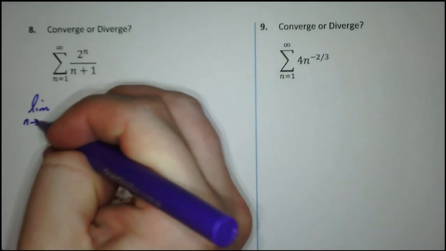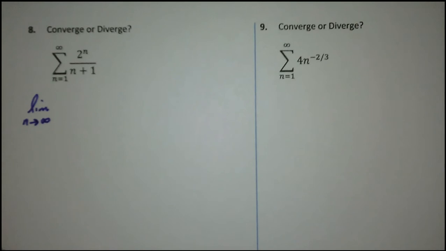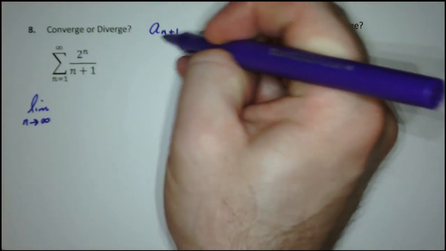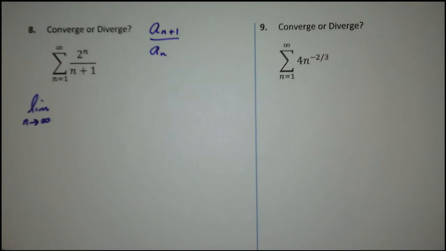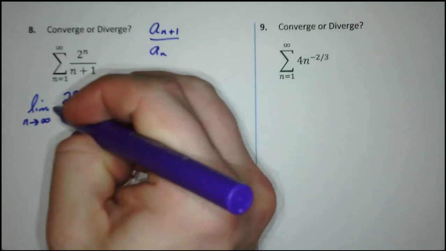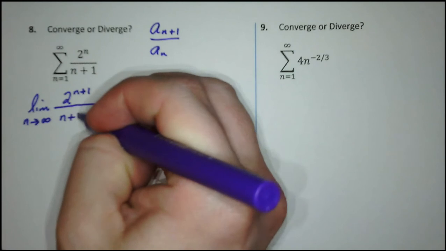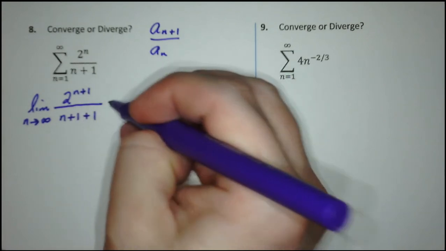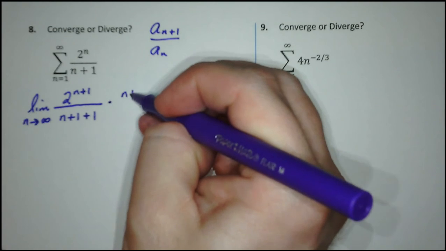So here we go. The ratio test involves a limit. And remember, we've got to do a sub n plus 1. So this is going to be 2 to the n plus 1 all over n plus 1 plus 1, and then times.